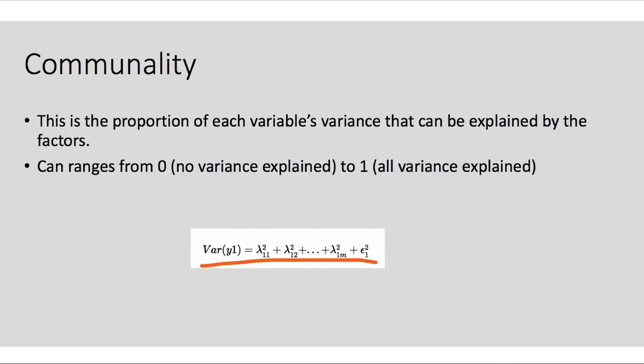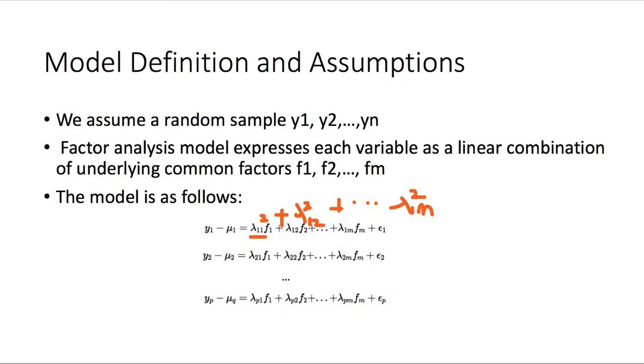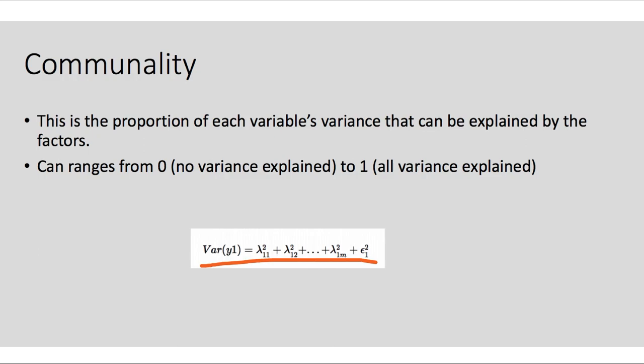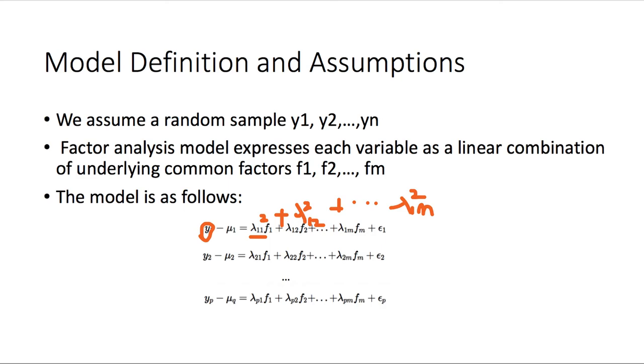So that is how we calculate the communality for the first variable. The result means the proportion of this first variable's variation that can be expressed by the factors.